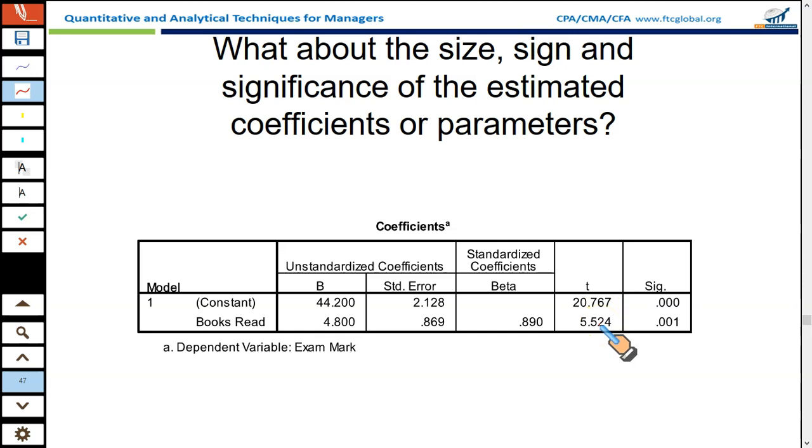Both suggest that the coefficients are significantly different from 0. Look at these as well. So the constant has a P value of 0 and the books read has a P value of 0.001, and both of these confirm that the coefficients are statistically significant and likely to be impactful. So that's the conclusion so far.